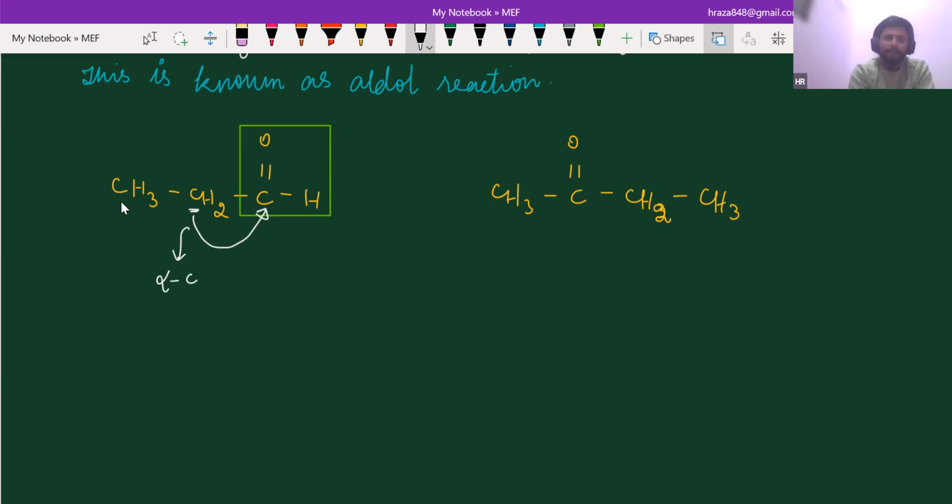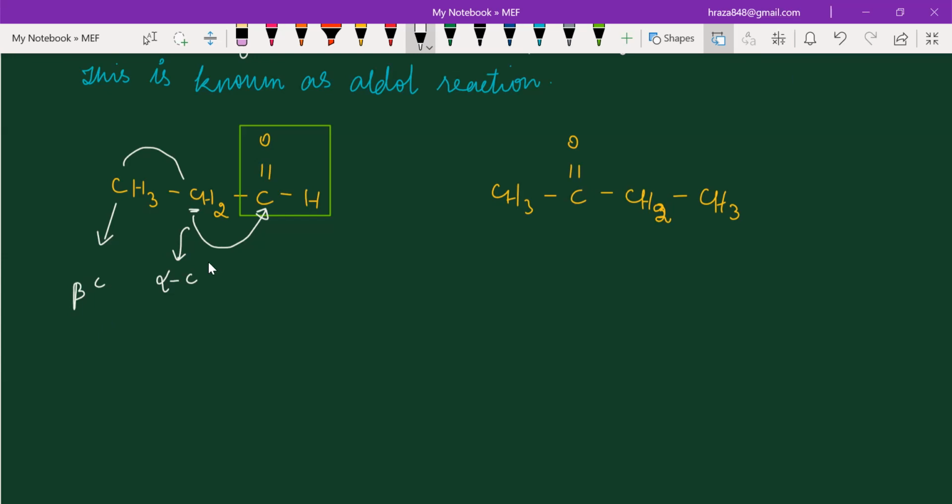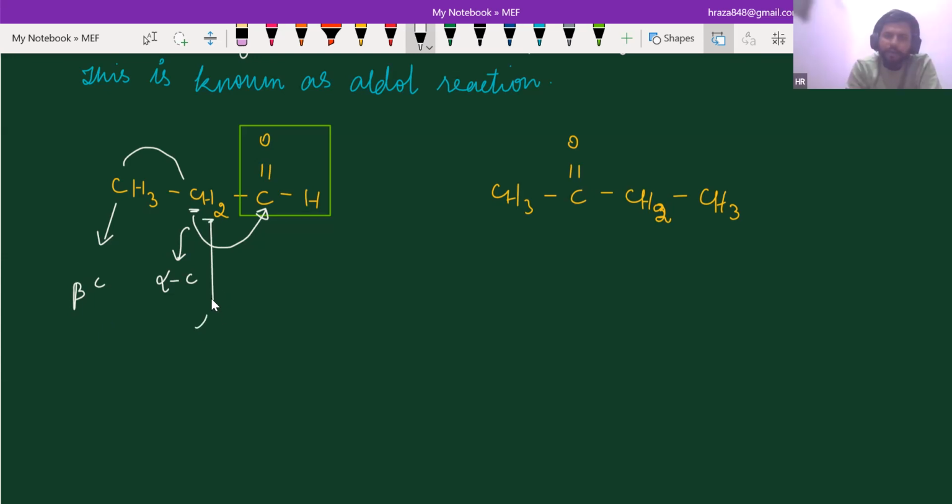And the carbon which is connected to the alpha carbon is known as beta carbon. So first of all, recognize where is alpha carbon and where is beta carbon. Are you getting my point? Yes, sir. Now the hydrogen which is connected to the alpha carbon is known as alpha hydrogen. Is that clear? Yes. So this is for aldehyde.